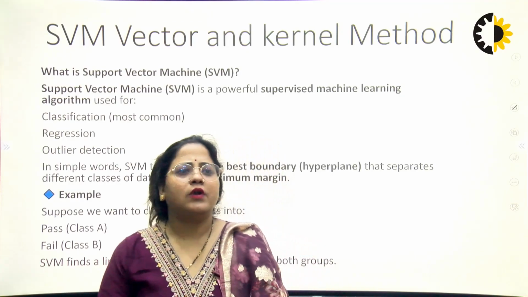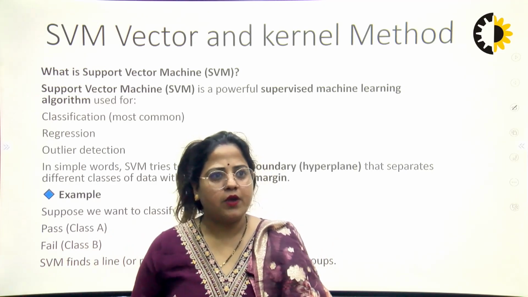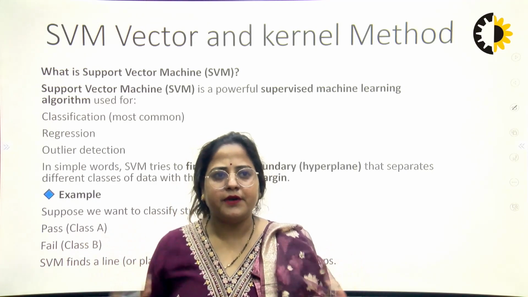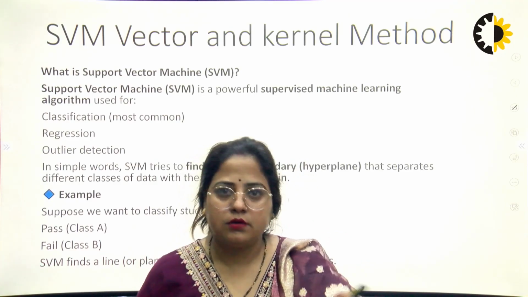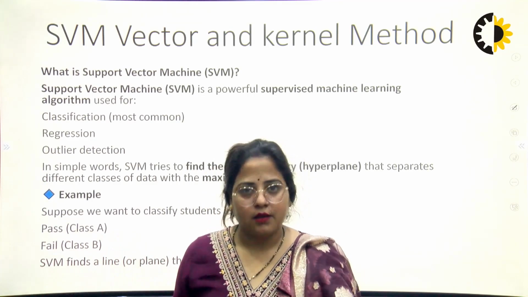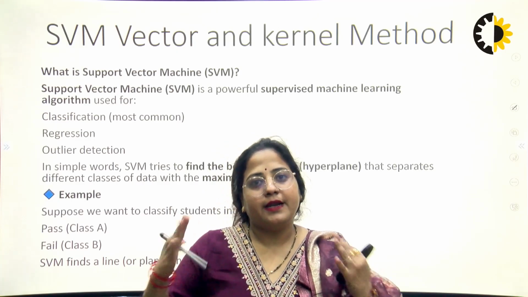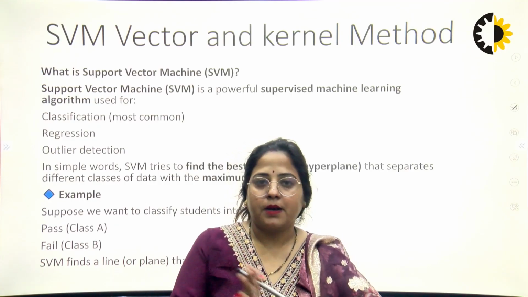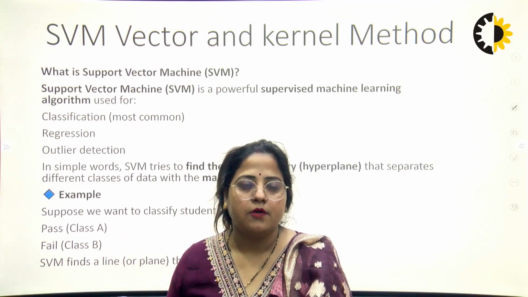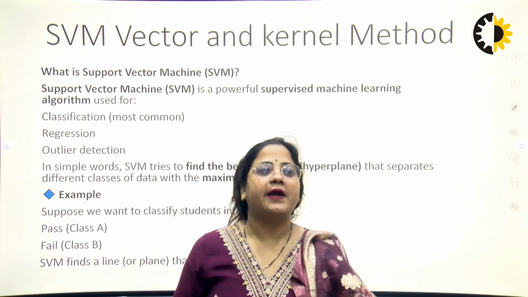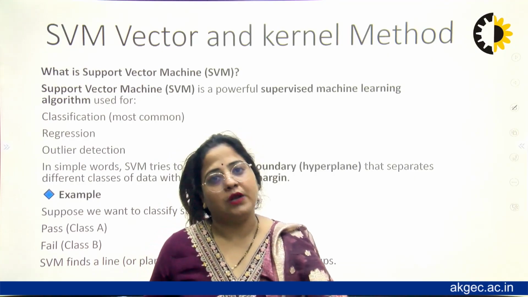Suppose we want to classify students into class A and class B, some students pass and some fail according to their scored marks. So we create classes: class A for pass students and class B for fail students. SVM finds the line or plane that separates those two classes.